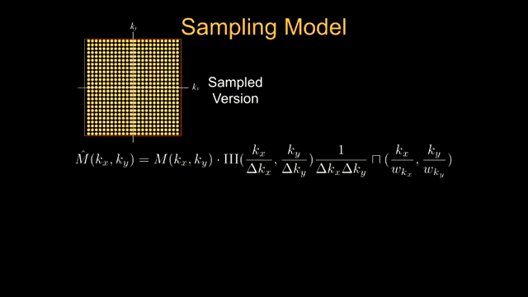So whatever is given as a continuous value, if you multiply by this comb function, it gives infinite discrete values, and then the rect gives you a limited number of discrete values in the 2D domain. And that's governed by delta kx, WKX, delta ky, and WKY.